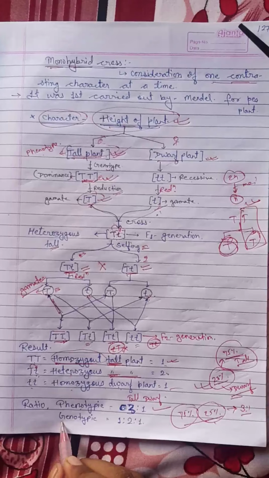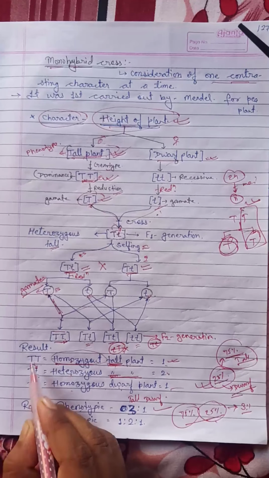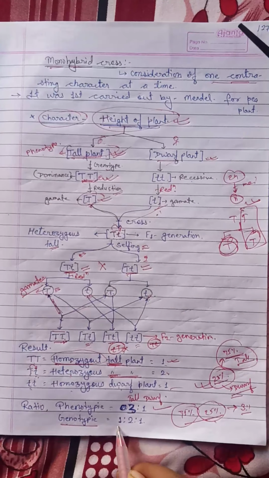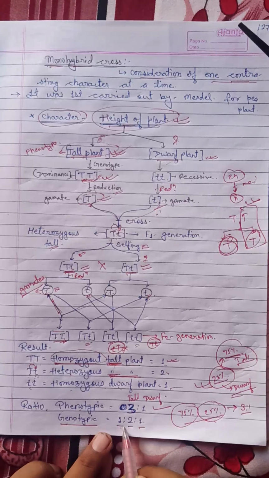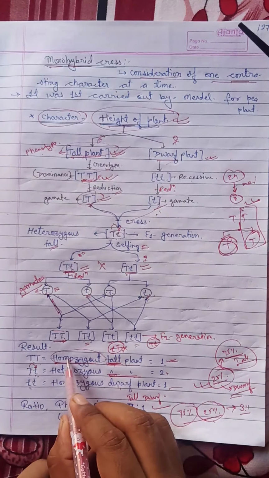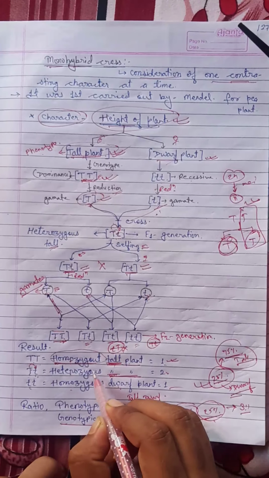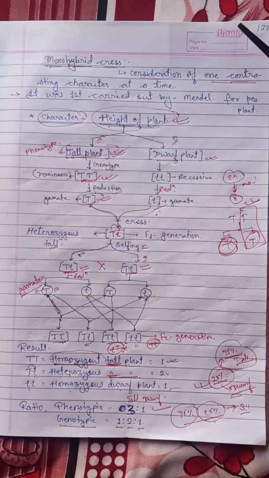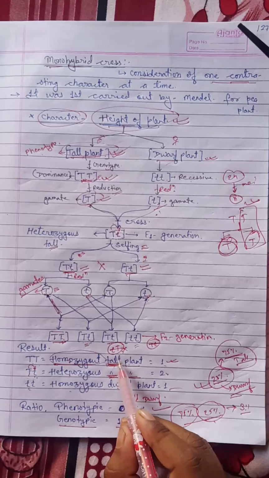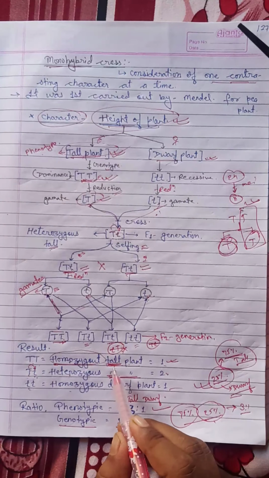And the genotypic, that means the genetic representation, is 1:2:1. 1 is homozygous tall, 2 is heterozygous tall. In the genotypic ratio, we will not consider it as phenotypic, either tall or dwarf, hetero or homo.